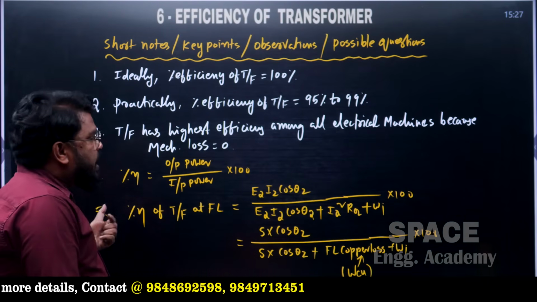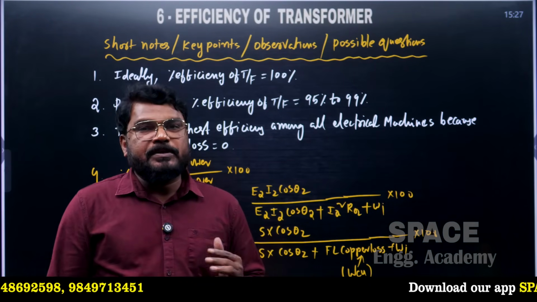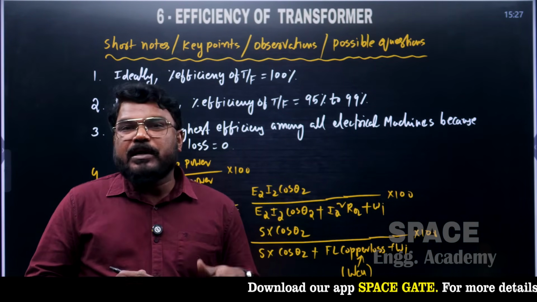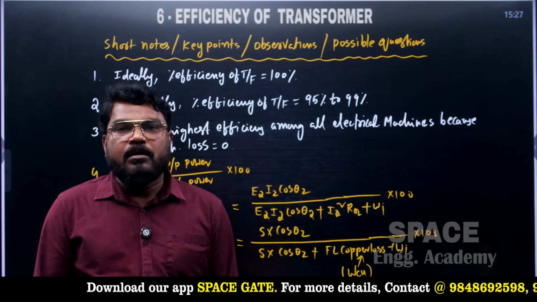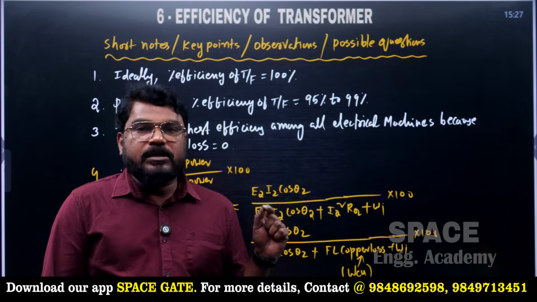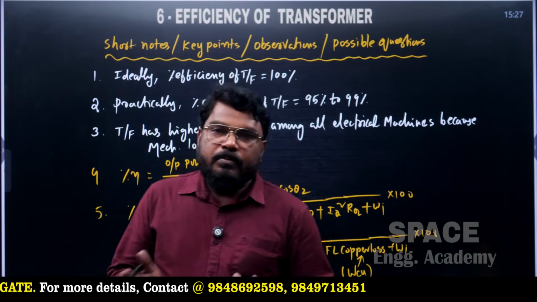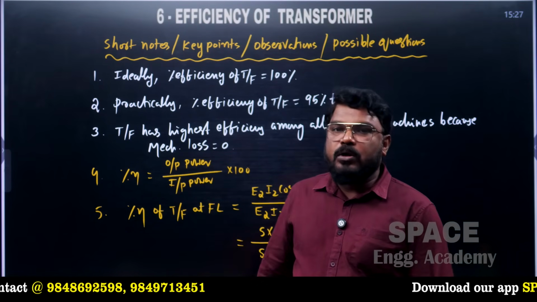Sometimes we have a question on how to calculate percentage efficiency of the transformer at x of the load, that means at half load condition, at 1/4 full load condition, at 3/4 full load condition.